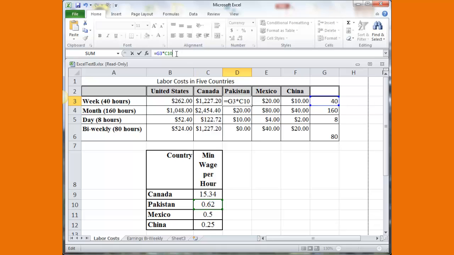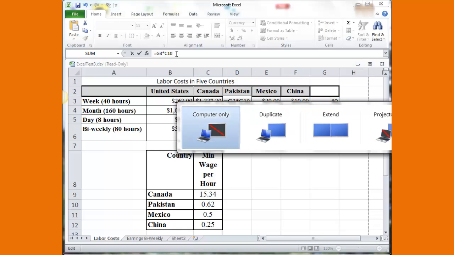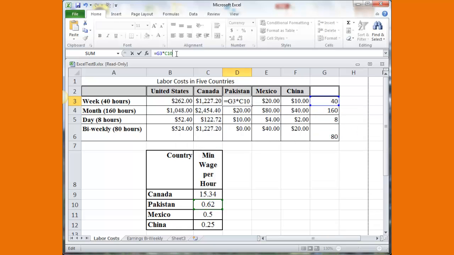So in this case, let me see, function F4, let's see if that changes it. Nope. Function F4, nope, it doesn't. I can't remember right now the key that you press to get the dollar signs to stay there. But what you want to do is $C$10. Now, there's a formula, and let's go ahead and hit return.